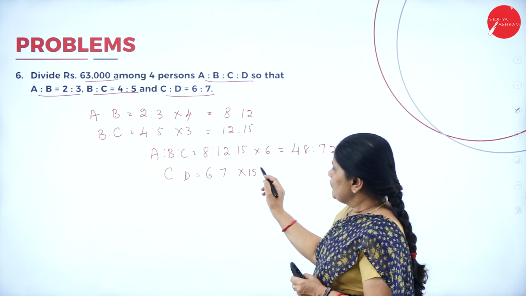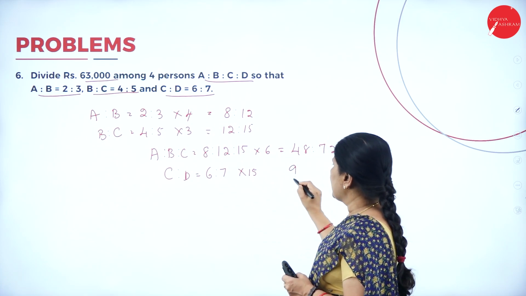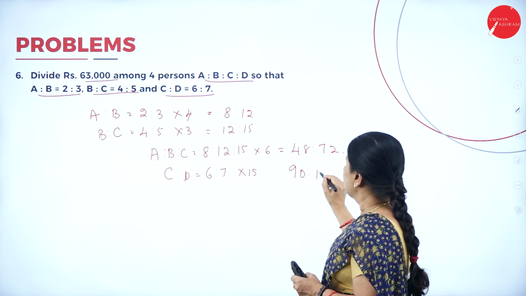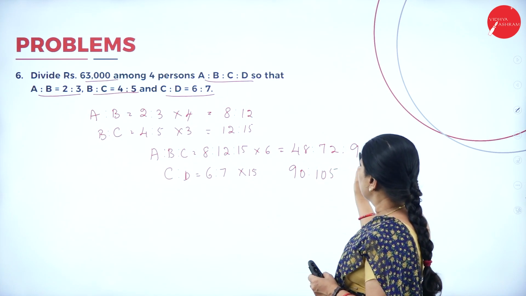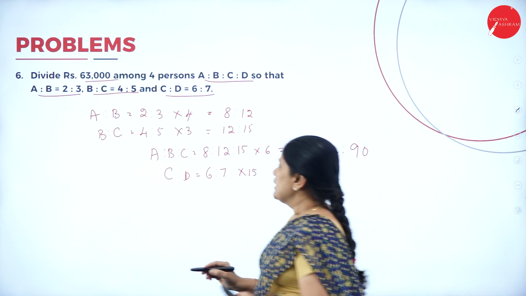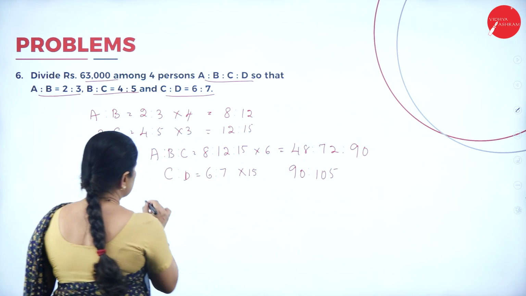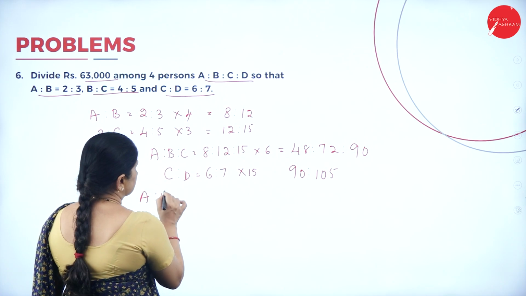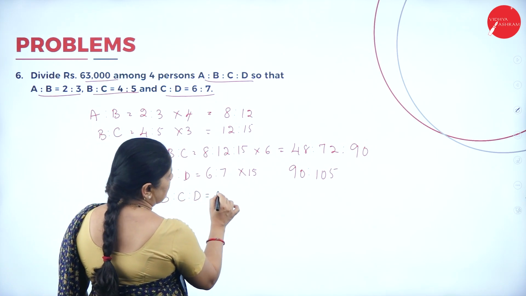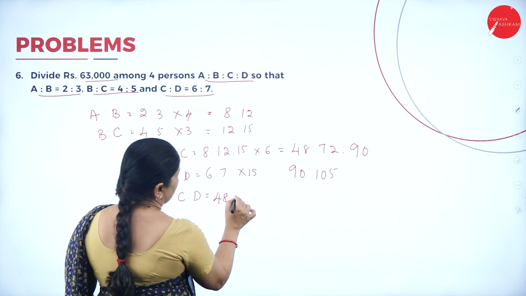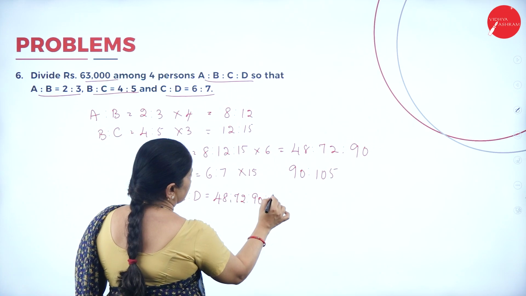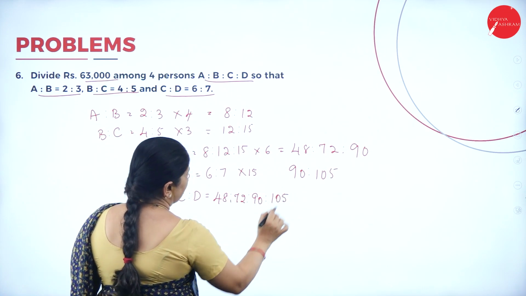Then 15 6s are 90 is to 15 7s are 105. Now we can see that the ratio of C is same. Now if I write this ratio, A is to B is to C is to D will be equal to 48 is to 72 is to 90 is to 105.